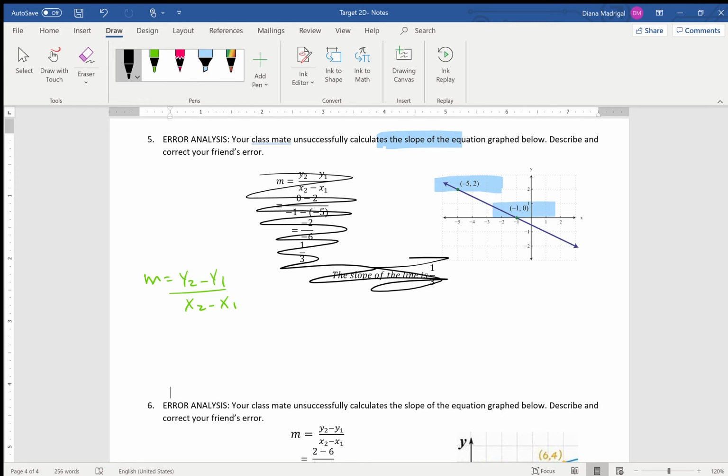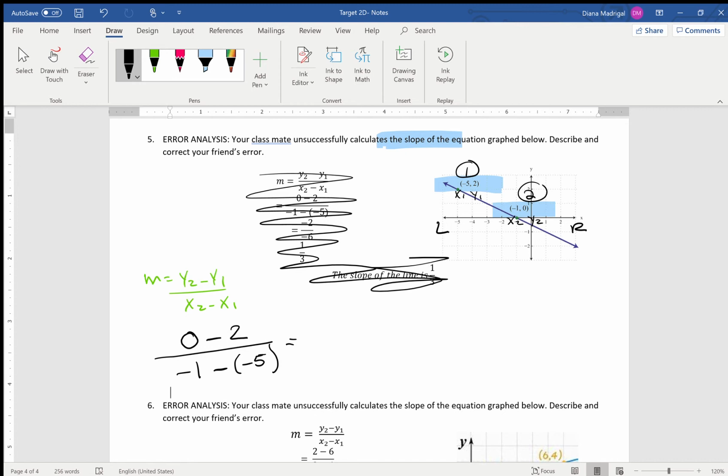Okay. So again, I have my 2 points, and I told you from left to right. From left to right, I see that the first point is this one, and this is the second point. That means that this is x1, y1, x2, y2. All right, your y2 is 0 minus 2 over -1 minus -5.